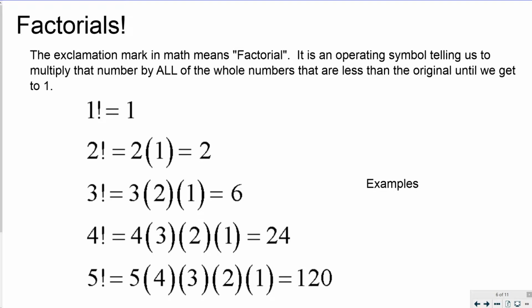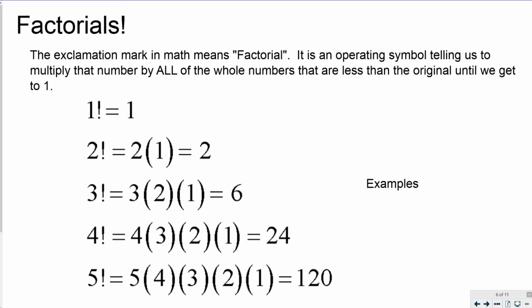So, factorials. An exclamation mark means factorial. It's an operating symbol telling us to multiply that number by all of the whole numbers that are less than the original until you get to 1. So 1 factorial is 1, because there's no other numbers. 2 factorial would be 2 times 1. 3 factorial would be 3 times 2 times 1. 4 factorial would be 4 times 3 times 2 times 1, or 24.